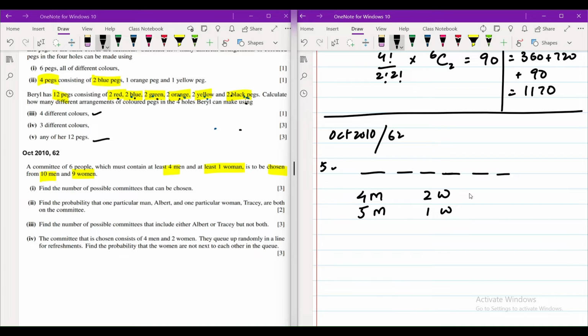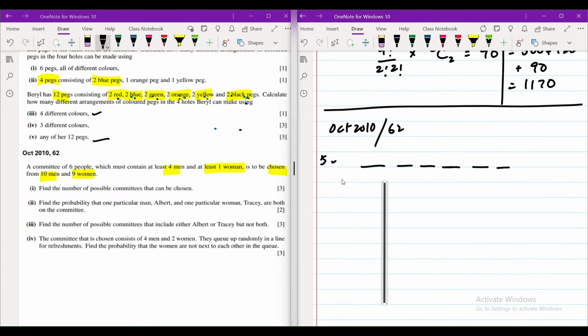Okay. So if you need to understand the total possibilities, if we draw sort of a table for men and women, we could have 0 men. The women will be the opposite, obviously.